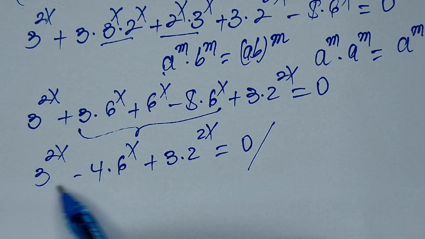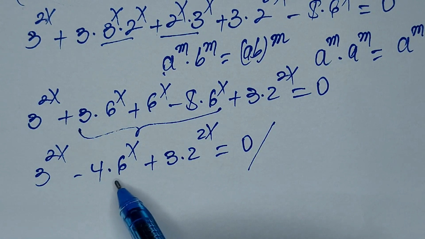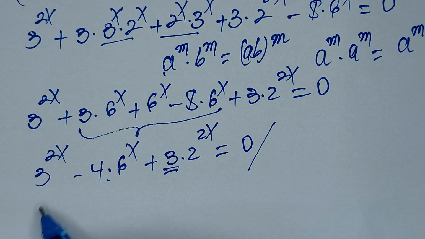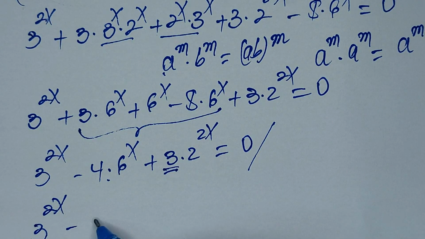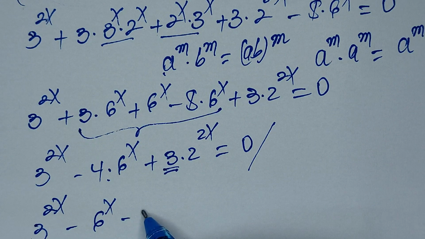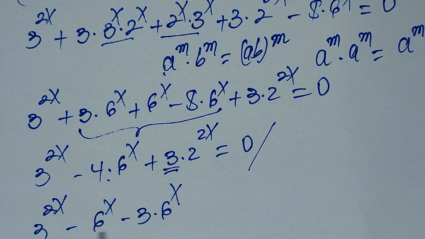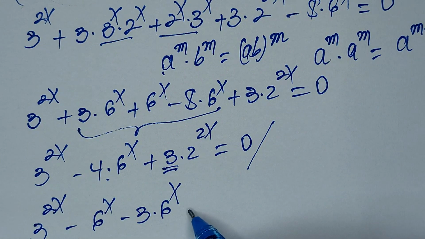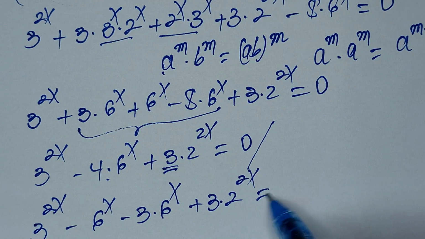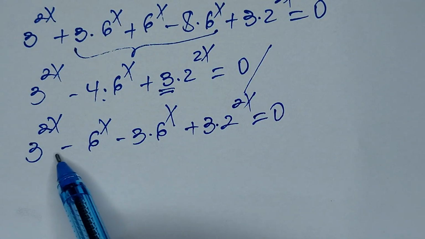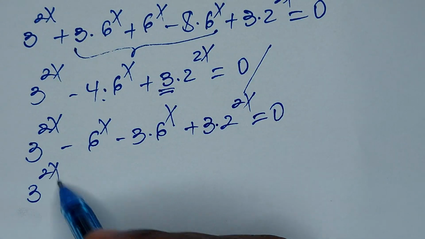Saying that, I have 3 here and I have 4 here, so this is 3 to the 2x minus 6 to the x, and then minus 3 times 6 to the x, because this would be 4, and plus 3 times 2 to the power 2x, and this is equal to 0. So now see that this is 3 to the x. Let's simplify this.